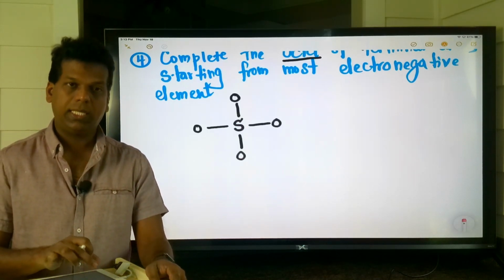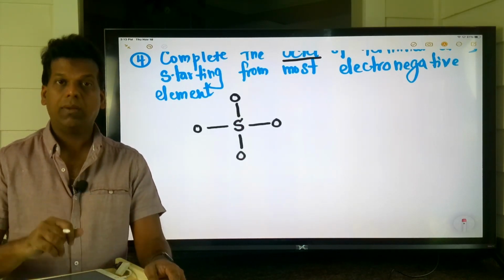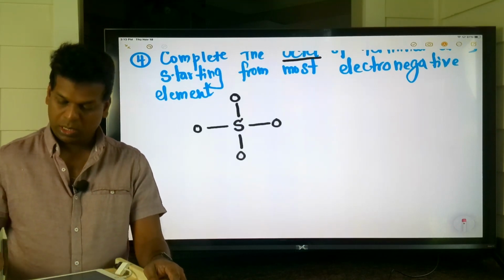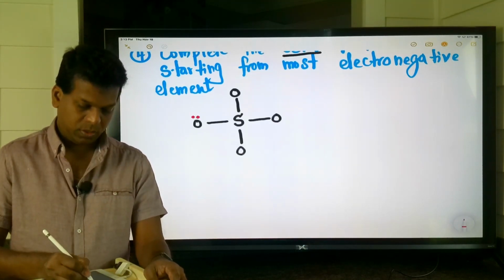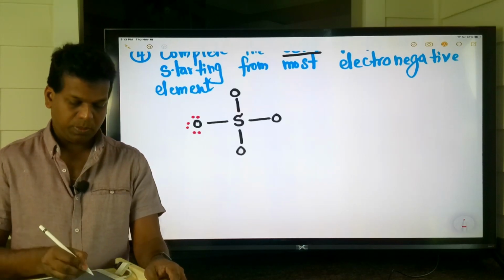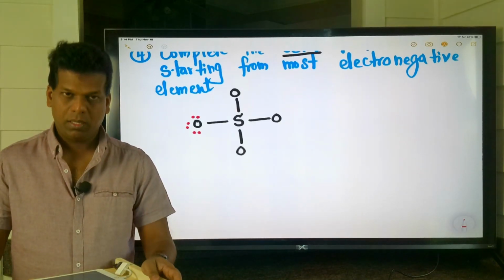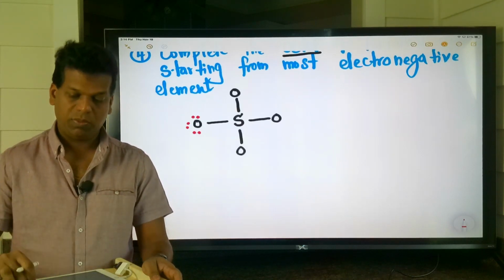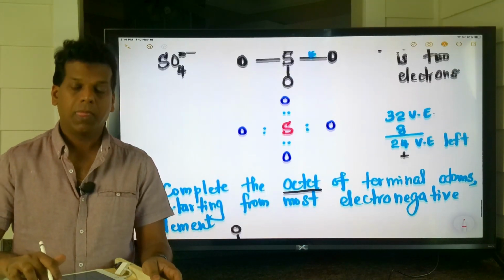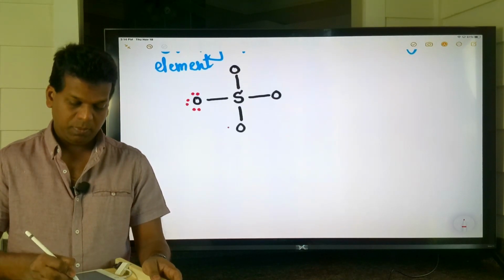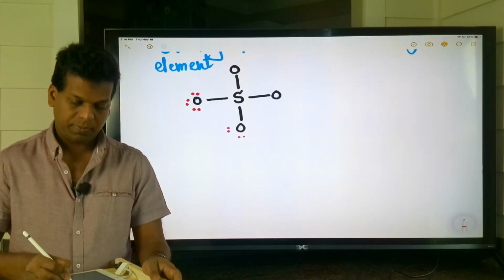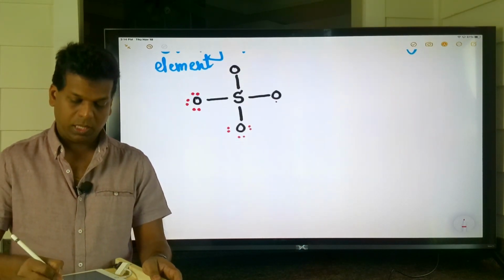So to complete the 8, we need to give it another 6. So I can place 6 electrons on oxygen. We place them as pairs. Remember, there are 24 left here. So we can do the same for this oxygen, and the same for the other 2 oxygens.